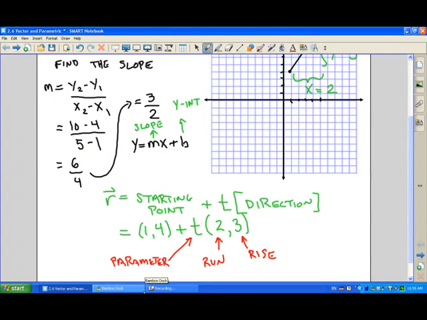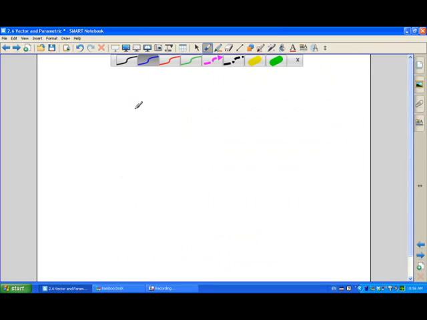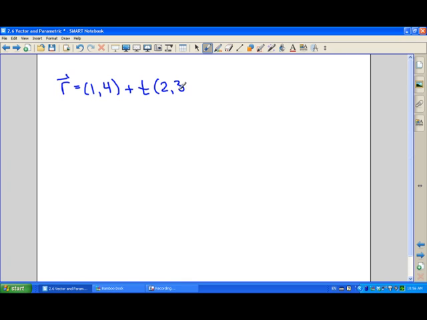So the vector form of a line is some starting point plus a parameter t times a direction, and the direction is of the form run and rise. So using that equation, r equals (1, 4), the starting point, plus my parameter t times the direction vector (2, 3).